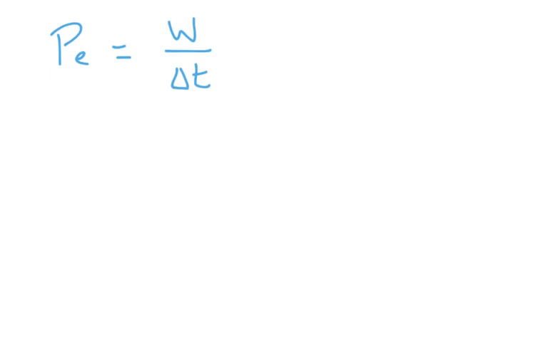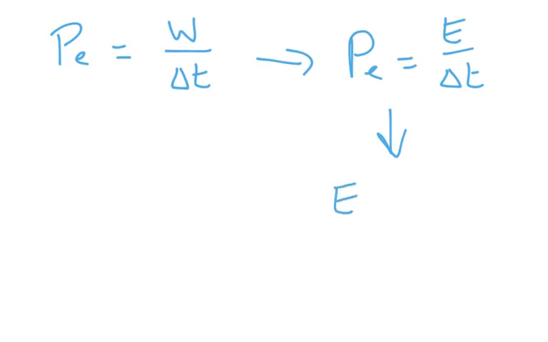So we changed this formula to PE equals the amount of energy over time. And we use this formula to give us things like energy cost calculations and watts and kilowatts. So this is what you know already with electricity.